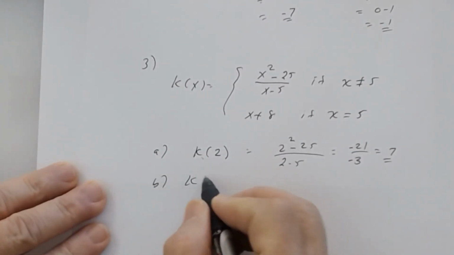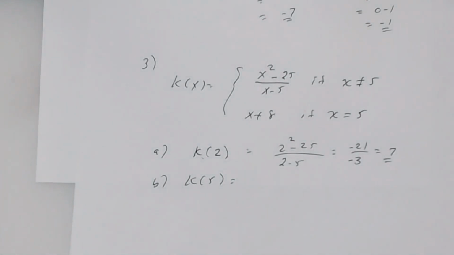B. k of 5. Which one must I use? The bottom one. Because that says I use that one if x is 5, and I'm letting x be 5. The reason why you can't use the top one, I'm going to tell you here why it looks like that. Because remember, you can never divide by what number? 0.